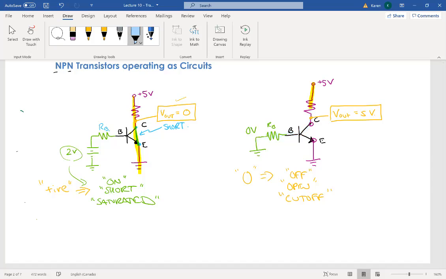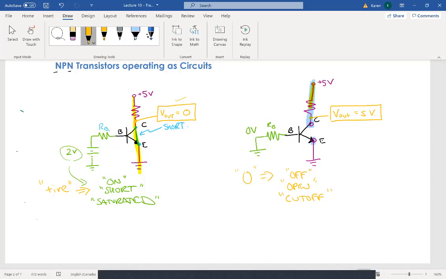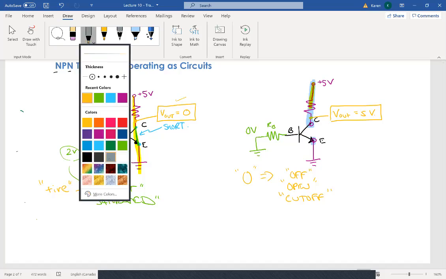When I apply a 0, all it does is open up right here. So it makes this an open circuit. And what happens is then I can only, this is my only circuit right here. And I apologize for making that error.